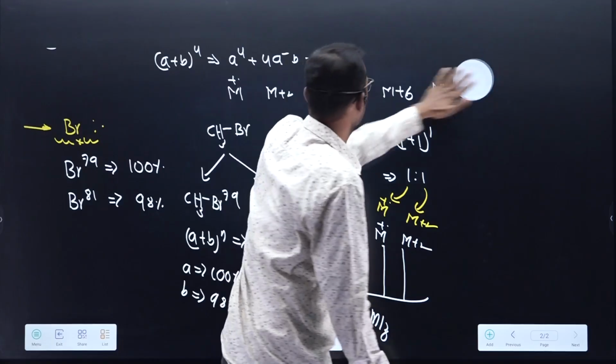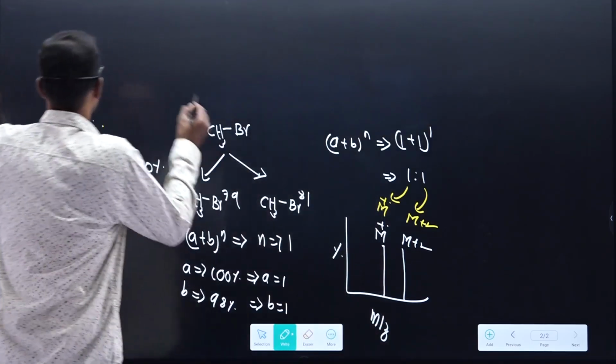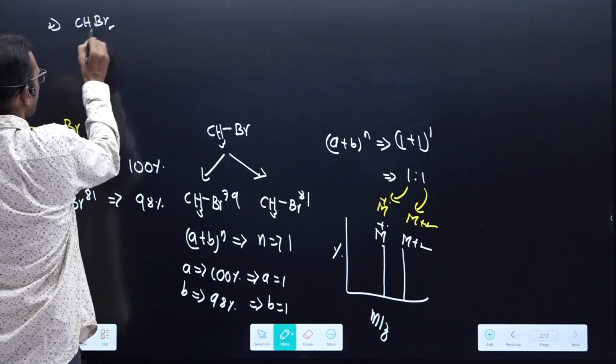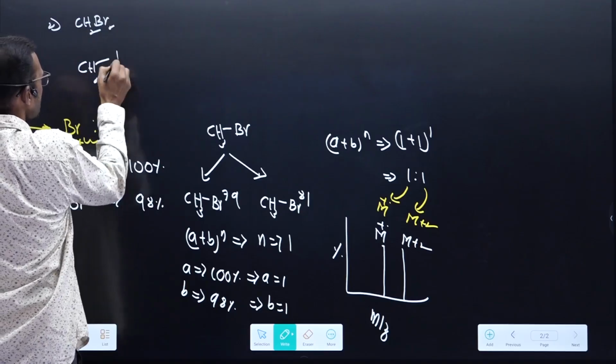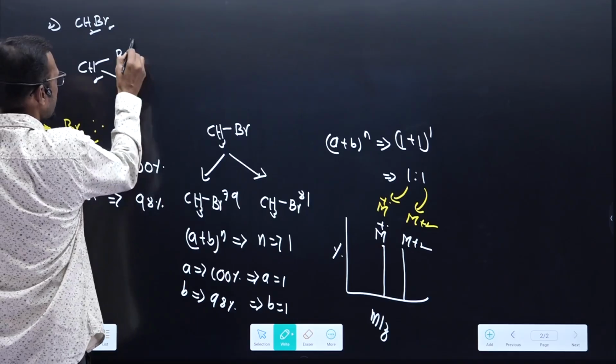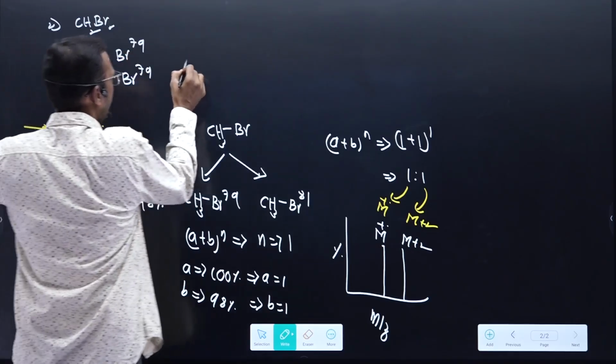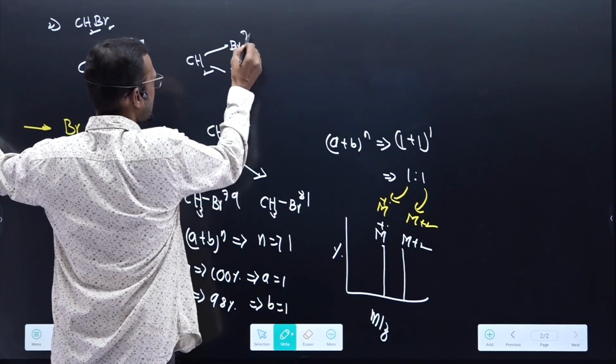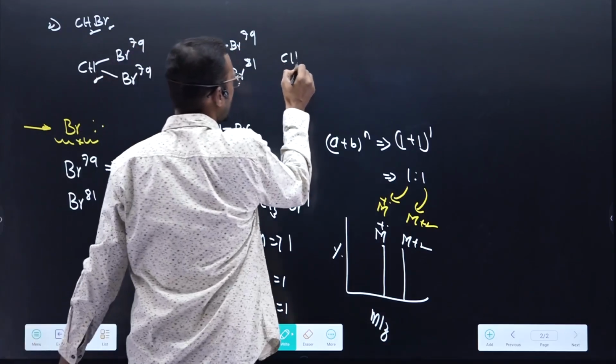So now take two bromines within the molecule. Second example, two bromines are present, CH2Br2. CH2Br2 means first, two bromines lighter, 79, 79. And here the remaining: two bromines I am taking 79, 81.